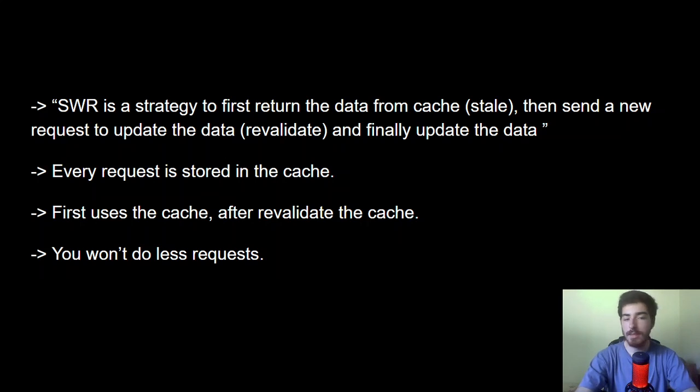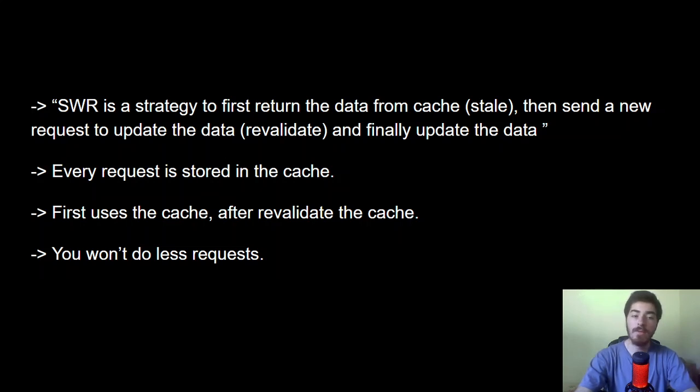So what does revalidate the data mean? Basically, SWR sent a request, the request arrived, and now we have the new data, the data returned from the API, and the cached data. The process of revalidating data is basically comparing if the data are different.